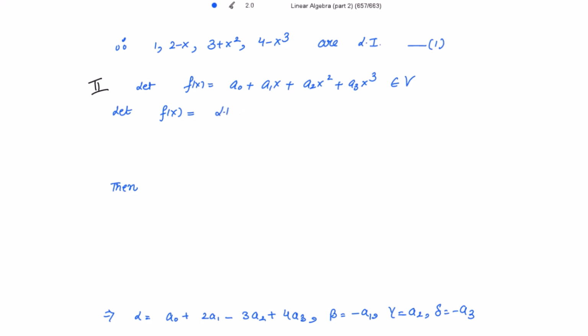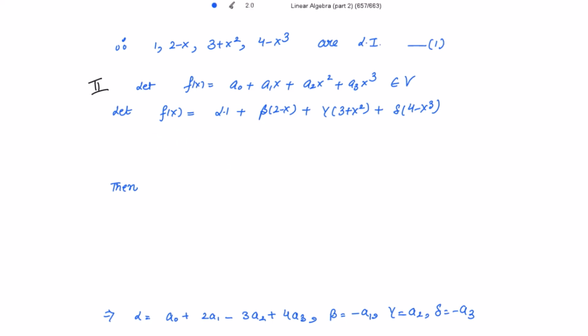So alpha times 1 plus beta times 2 minus x plus gamma times 3 plus x square plus delta times 4 minus x cube, right? So I need the values of alpha, beta, gamma, delta in terms of a0, a1, a2, a3, right? And because f(x) is equal to these two, I can compare these, right? I can compare.